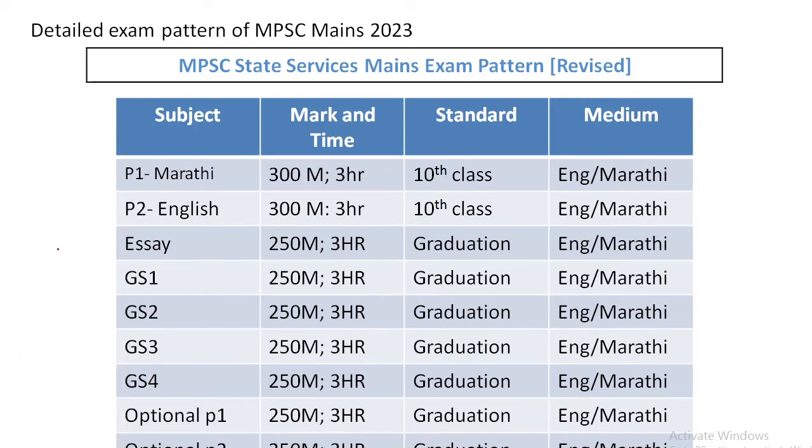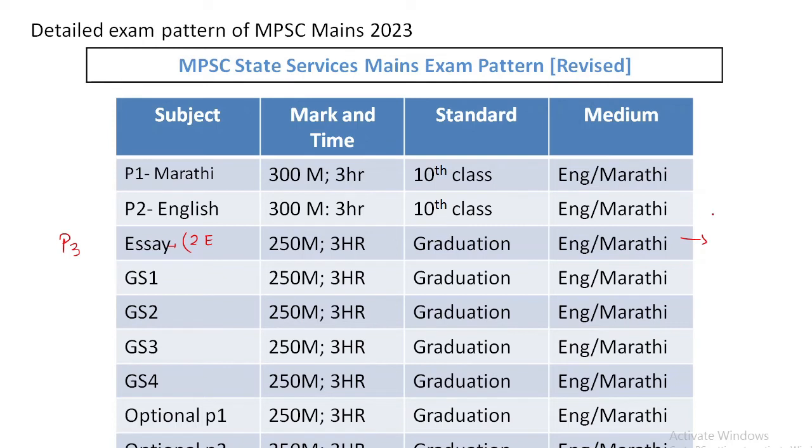Now your paper 3 is essay. You have to write 2 essays in 3 hours, and its weightage is 250 marks, and the standard, or you can say the level of essays, is equivalent to your graduation, and its medium is English or Marathi. Okay, but here Mains is different from Prelims.